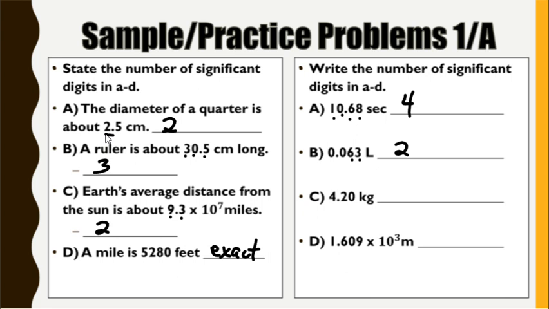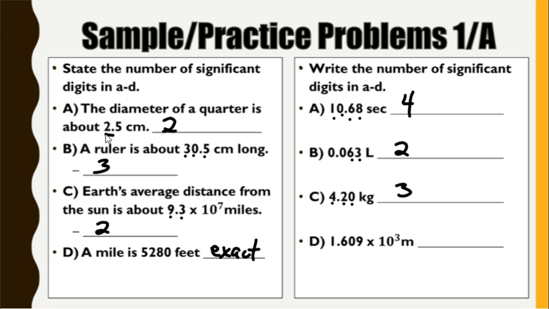Letter C, 4.20 kilograms has 3 significant digits. 1, 2, 3. The 0 is counted because the non-zero digit is to the left of the 0, it's also a trailing 0 after a decimal.